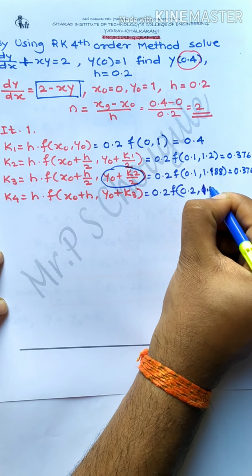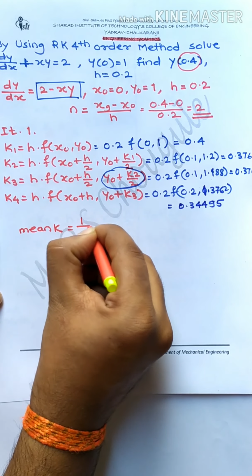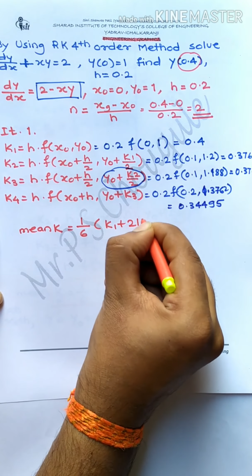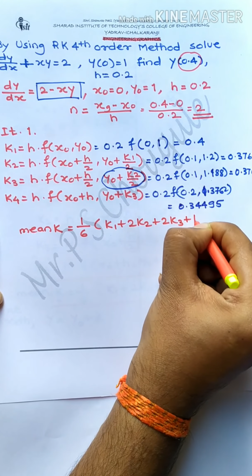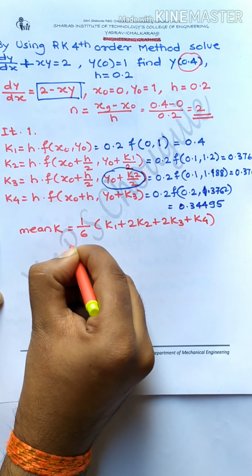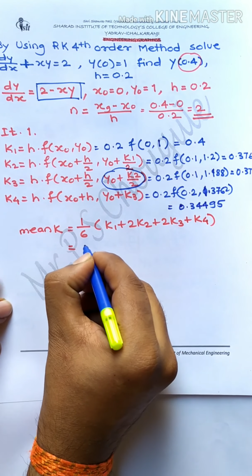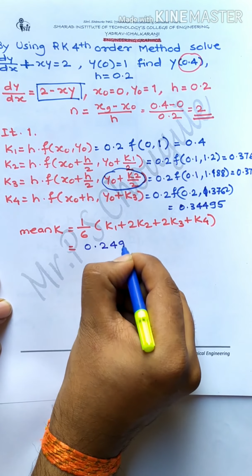Now what we need to find? We need to find the value of k, mean k, which is equal to 1 upon 6 into bracket k1 plus 2k2 plus 2k3 plus k4. By putting all these values, we will get here the value of k, 0.2495.